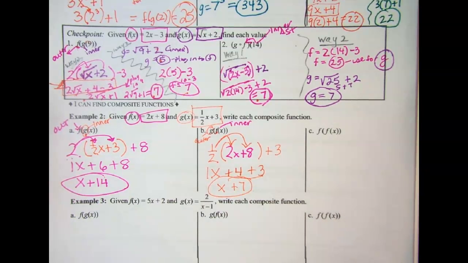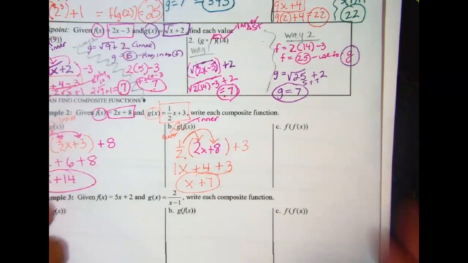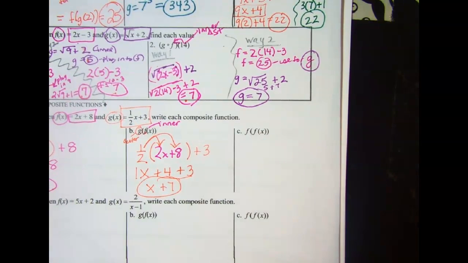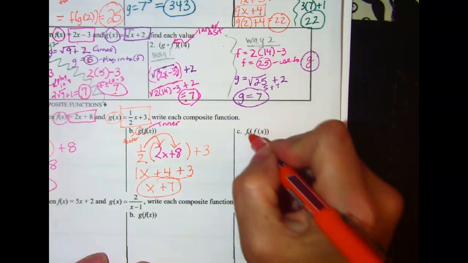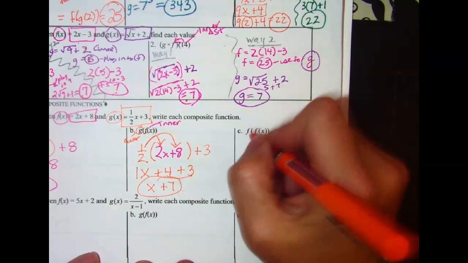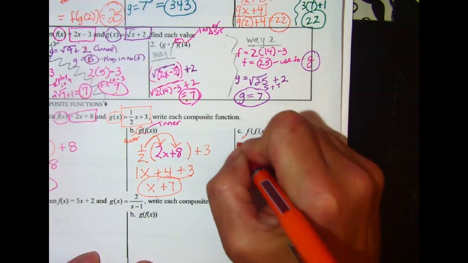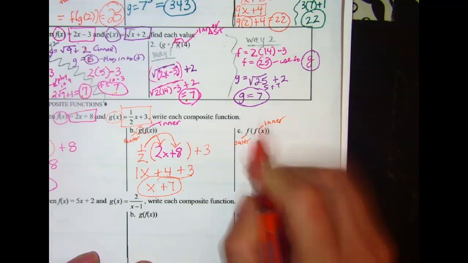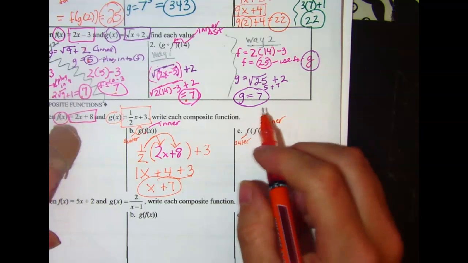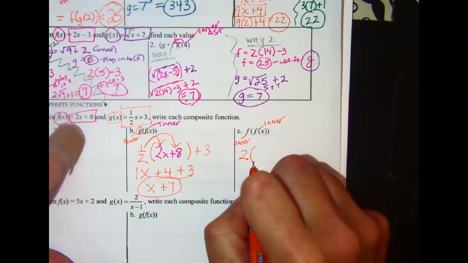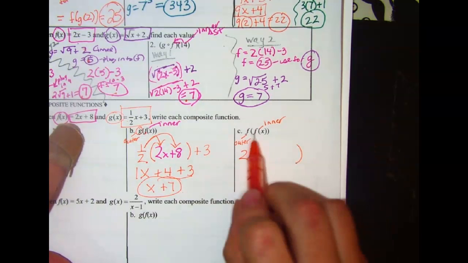Okay, and the last one, this is just for the easier ones when we don't have division in one of them. So we have f and f. We're going to plug f into f. This one really doesn't matter, inner or outer, but again, I just like to label it. That's our outer, this is our inner, and we have f. So f is over here. So 2 times, we just put this inner in there.